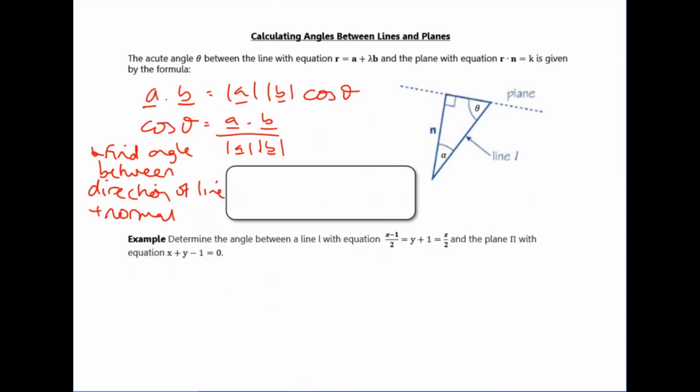That's what this diagram is saying here. Imagine this dotted line is your plane, this is your normal vector, and this is your line. The angle you're trying to find between your line and your plane is this one. But what we usually prefer to do is find the angle between the normal and the line, and then you've got to take it away from 90.